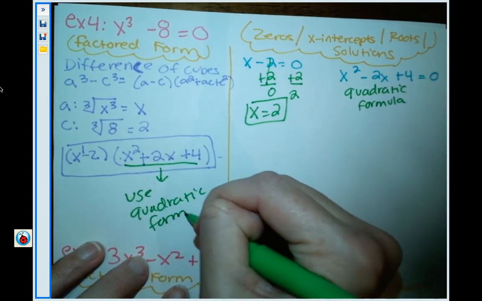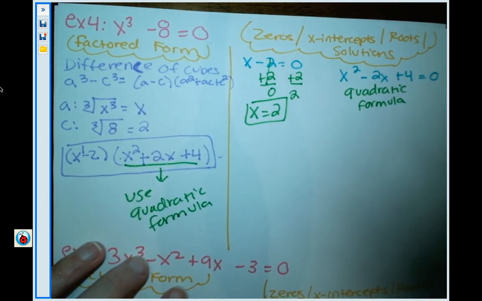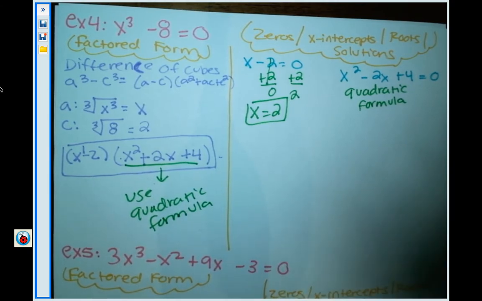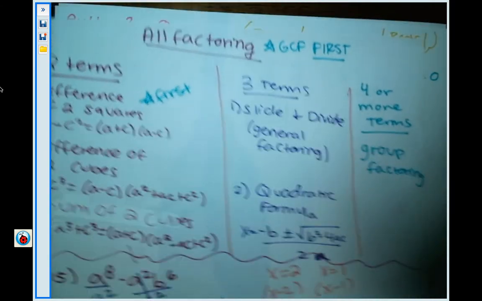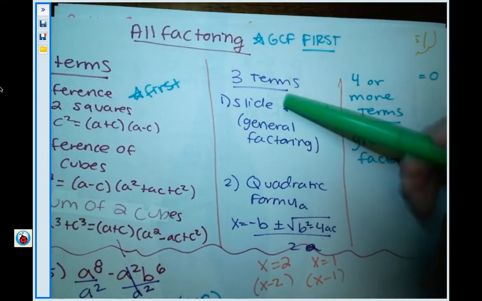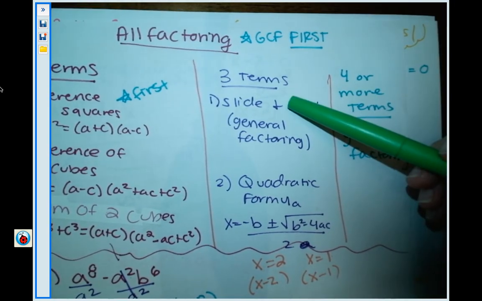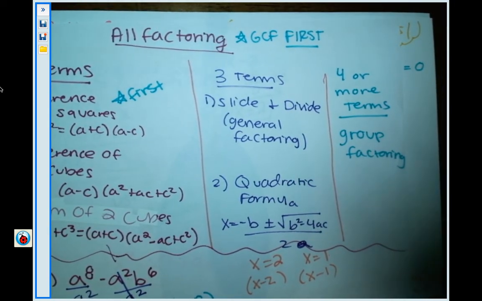So you kind of have to remember that, or you can go through process of elimination. If you try to slide and divide and it doesn't work, then you have to use the quadratic formula when you have 3 terms. Because, for reference our nifty chart, with 3 terms, the only options are sliding and dividing and the quadratic formula. So if this one fails us, we have to use the quadratic formula.